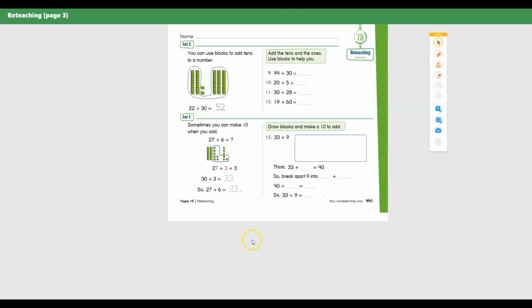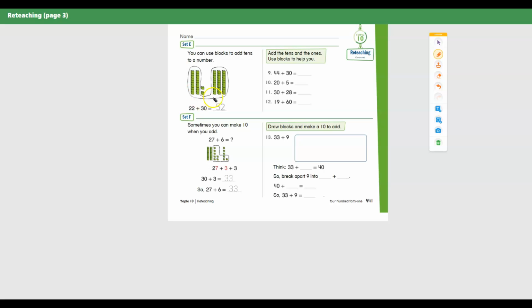For set E, it says you can use blocks to add tens to a number. Here in our model on set E, they first added together all of the tens and then counted the ones after. Our first model shows 22 and the second model shows 30.